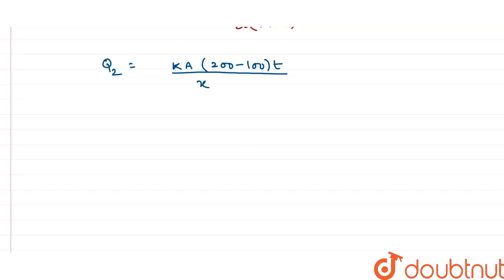Now the heat given to water can also be written as M2 LV, latent heat of vaporization, because water is changing into steam in this time, and both heats are equal. So I can also write KA 100t upon x equals M2, the mass of steam, into LV.